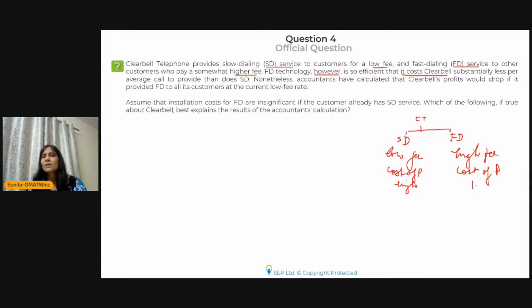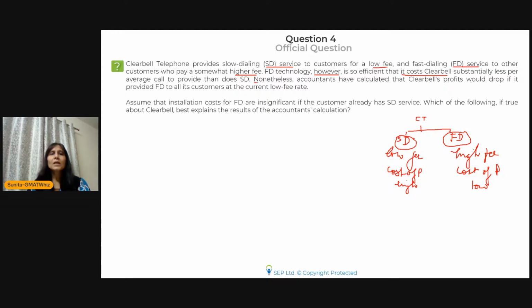If I just look at the scenario so far, it seems FD is a profitable venture. The fee is higher, and the cost of production is lower. So it clearly seems that CT would be getting a higher revenue per call for FD than for SD.